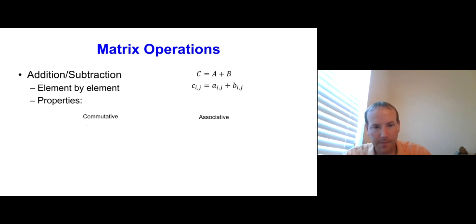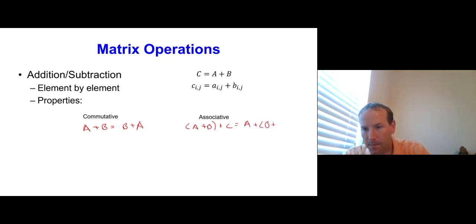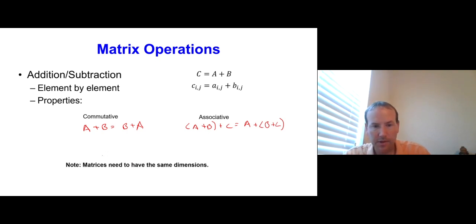The commutative property says that if you add A and B, that's the same thing as B and A. And we also have an associative property. Basically, these are saying that it doesn't matter what order you do the operation in, including if you have parentheses involved. One important point is that the matrices do need to have the same dimensions in order to add them together.